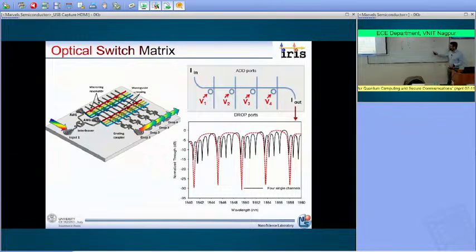I have already told you that once you fabricate the microring resonator, the fact that you use a lithography with a resolution of 5 nanometer causes the actual position of the microring resonator to be slightly different one with respect to the other. And the black line here, in the case of a channel with 4 different microring resonators, is the transmission of this system.